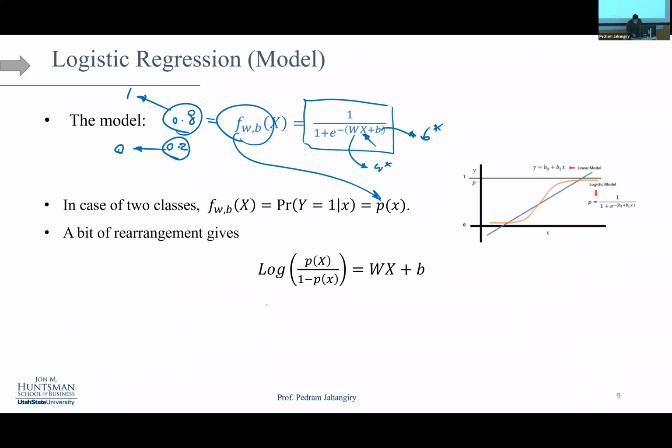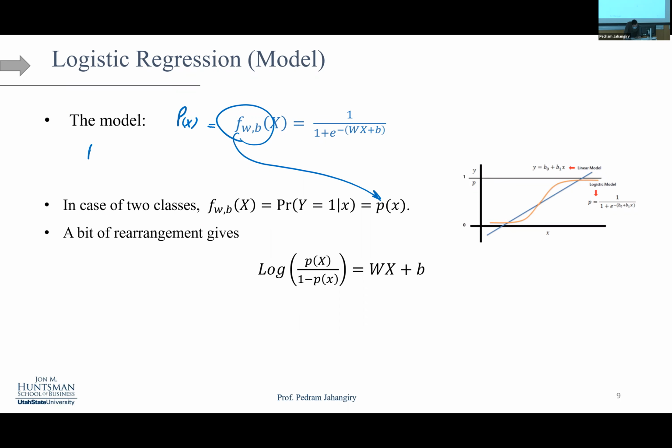Okay, so now, if you take this model, this is our logistic regression model, and do some mathematical gymnastics, a bit of rearrangement, I want you to think of this f hat of x like p, call it p of x, and then rearrange this equation.